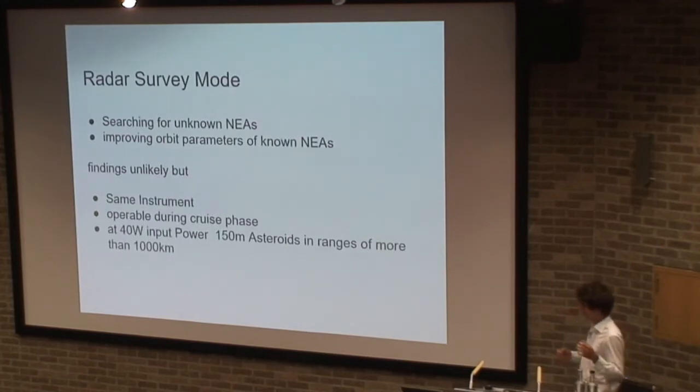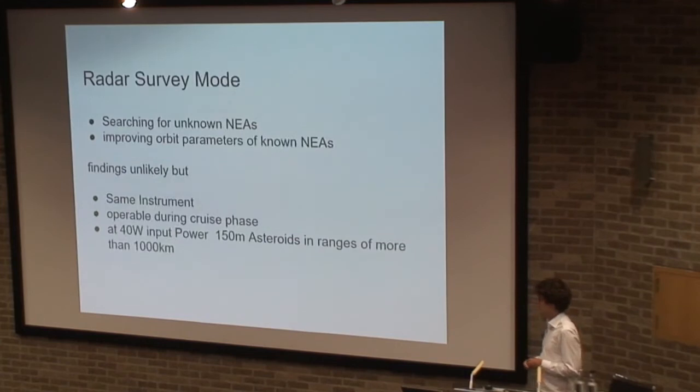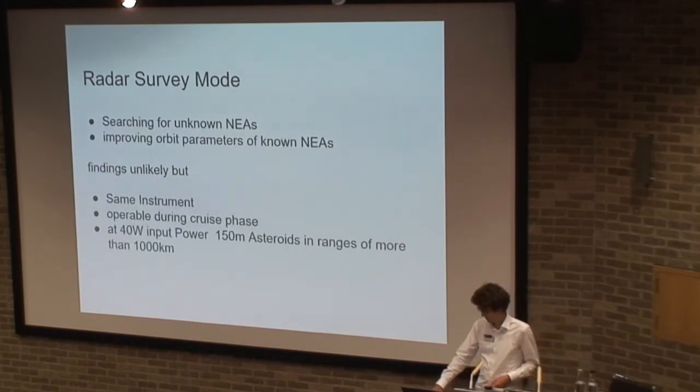That's not much. Actually, it's quite unlikely that we see anything on the flight. Maybe it's more likely at the Lagrange point. But anyhow, as the same instrument without any changes can do that, the question is why wouldn't you just do this during the cruise phase?